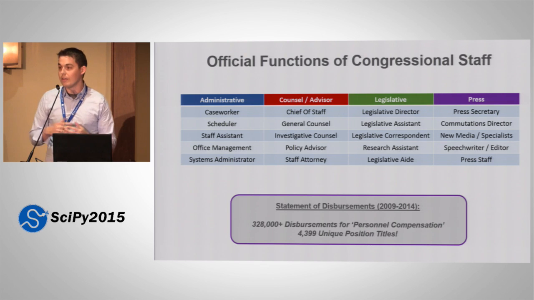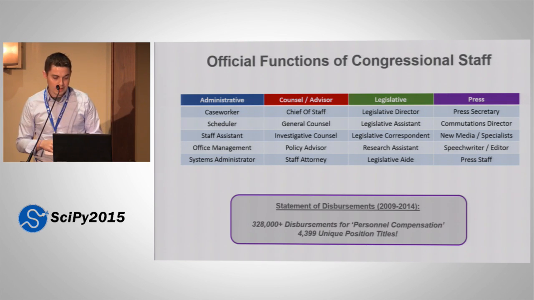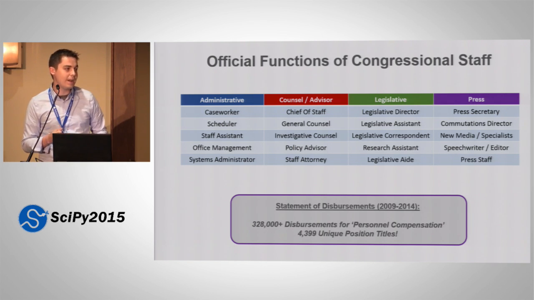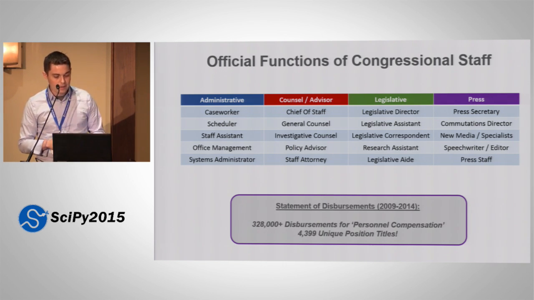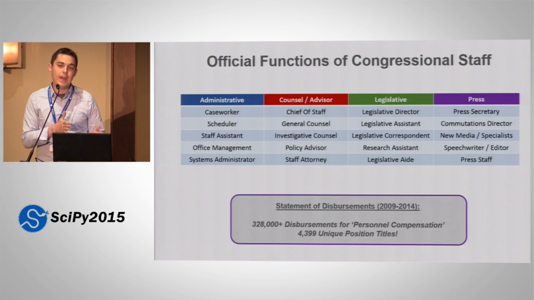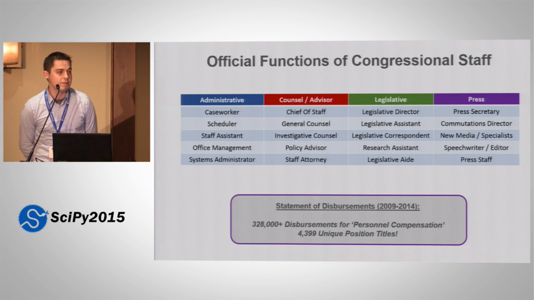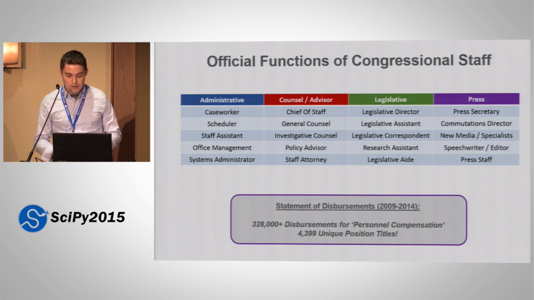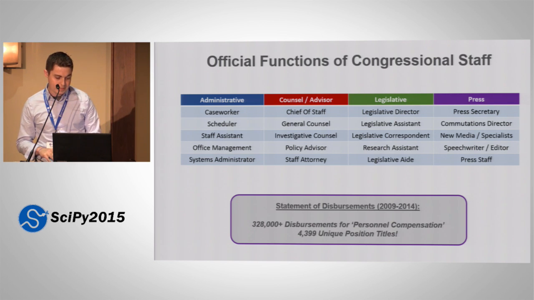A lot of the lawyers and advisors to members of Congress themselves, we've classified under counsel and advisors. If a position was specifically tied to legislative policy, I wanted to make a specific category for them and compare those to press functions. So where you see the title of a press secretary, which is commonly known, or communications director, that's more of a press function, and we've broken up those titles specifically.